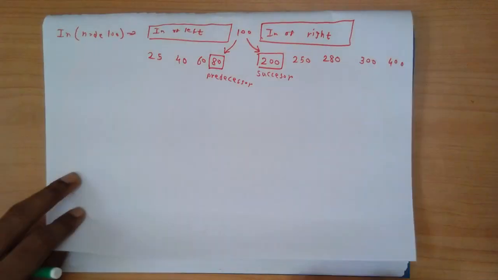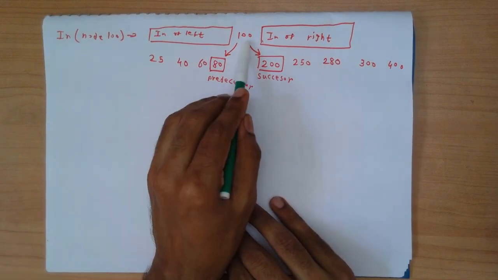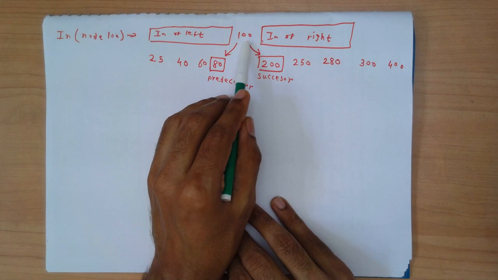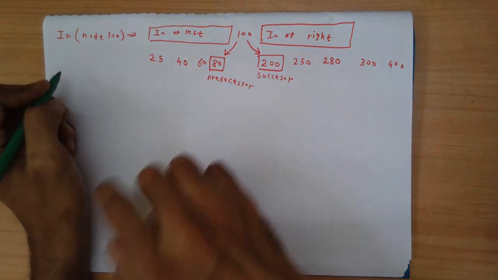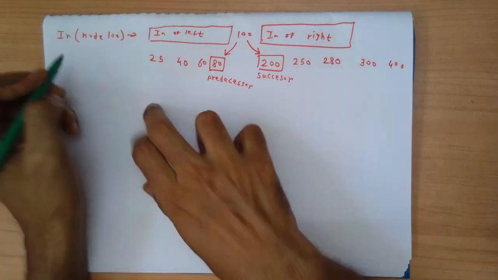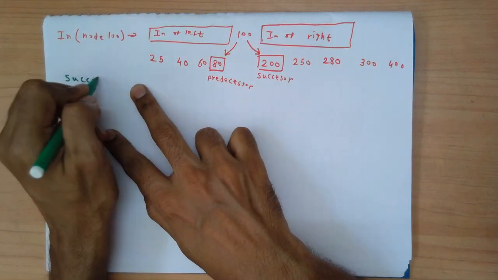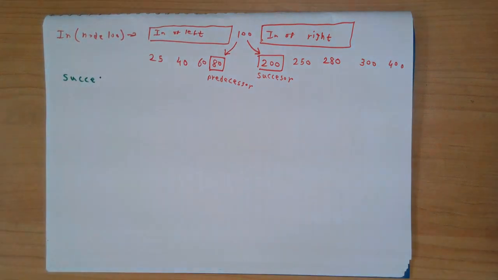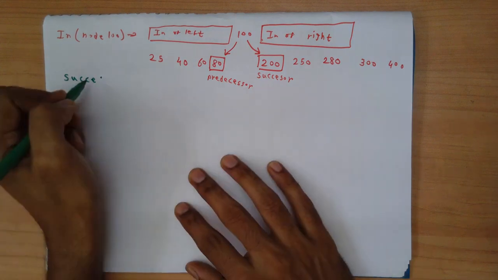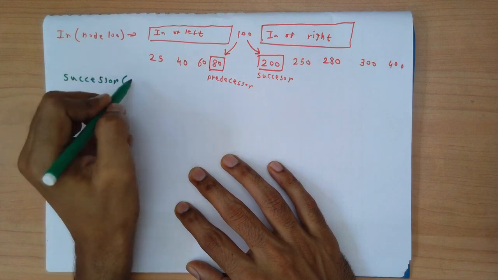So let's first consider the case that the given node has a right subtree. Let's write the function successor, and now we are going to find the successor for a given node.